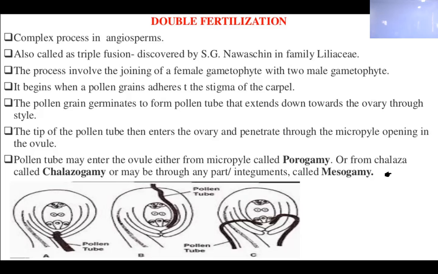That means later on it develops into an embryo. समझ में आया सेजल मैंने क्या बोला? Yes, ma'am. And that's the reason we call it double fertilization. If the first step fails, for example, if there is no fusion of male and female gamete, zygote is not going to form. हाँ?